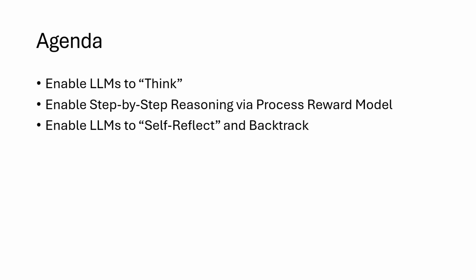We will also get to know how we can enable large language models to do self-reflection and backtracking. And finally, we will see there is a new scaling law that's previously been overlooked by many people: the inference time scaling law. If we keep investing more computational power, we get better performance even if we don't do any training at inference time.